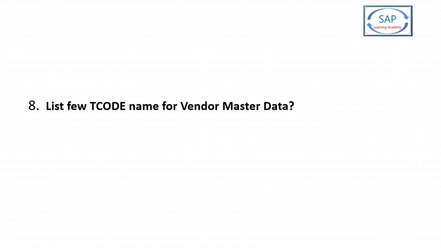On the other side, if you want to change or edit the vendor centrally, like vendor master data, then XK02 is the Tcode. And for mass maintenance for vendors, you can use XK99. Using this Tcode, you can do the mass maintenance for vendor master data.